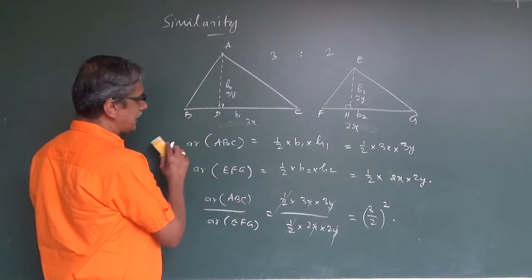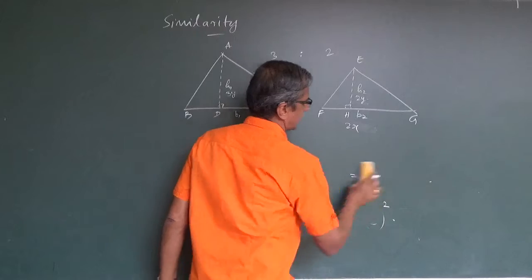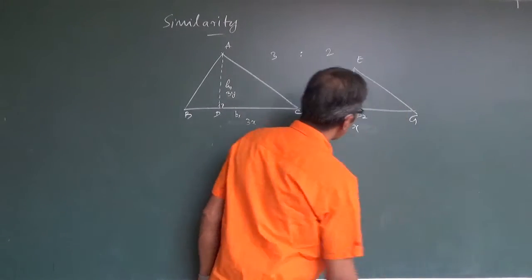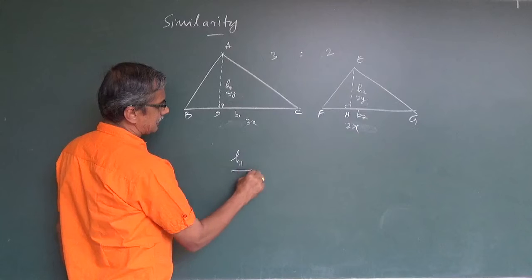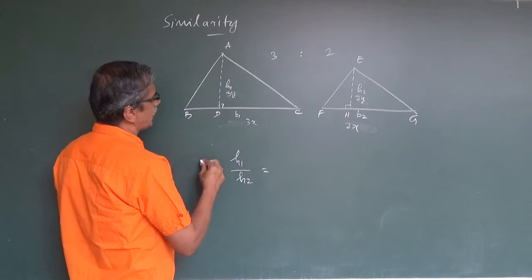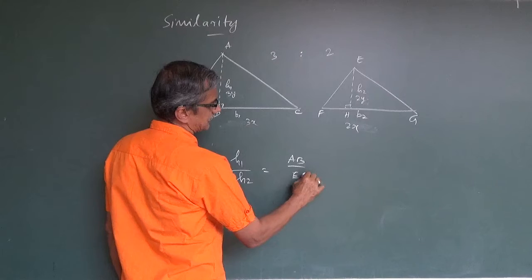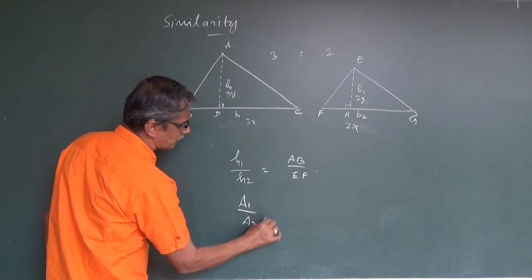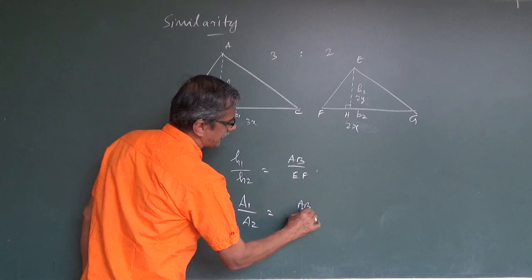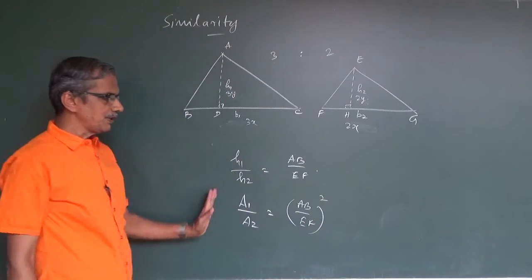Once again I will write. So in these cases, H1 by H2 is equal to AB by EF. That is ratio of the sides. Whereas A1 by A2 is equal to AB by EF whole square. This is what you have to remember.